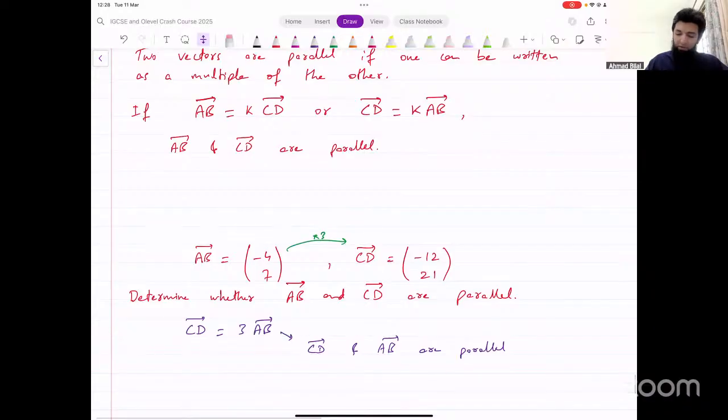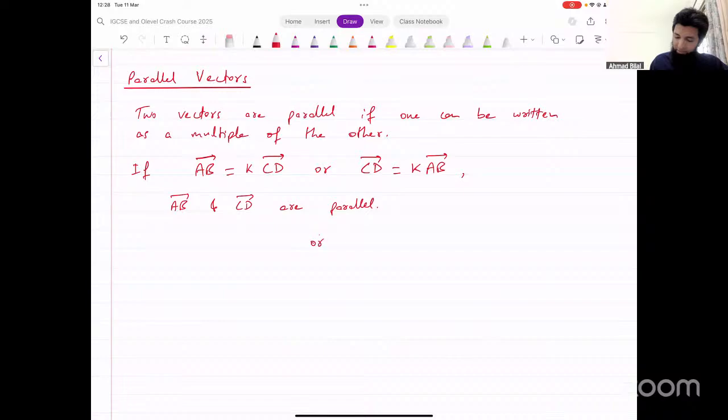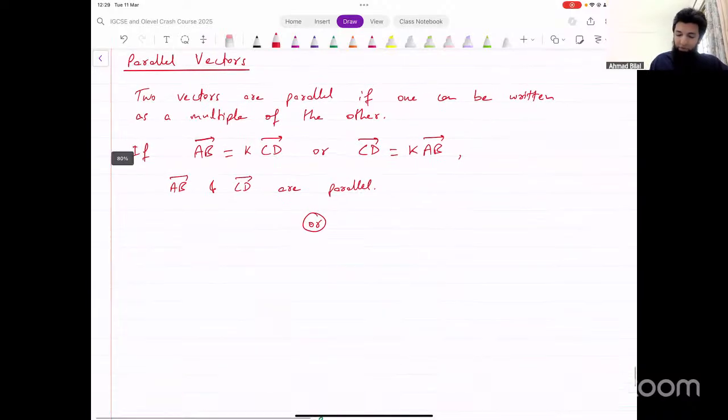Another way to think about parallel vectors is, we could also do something like this.